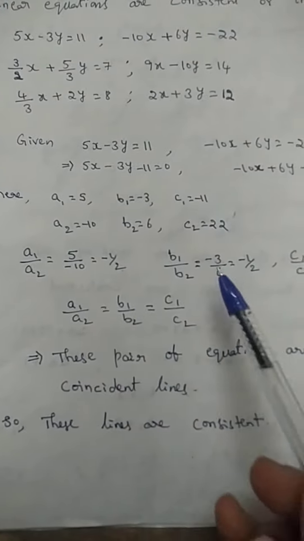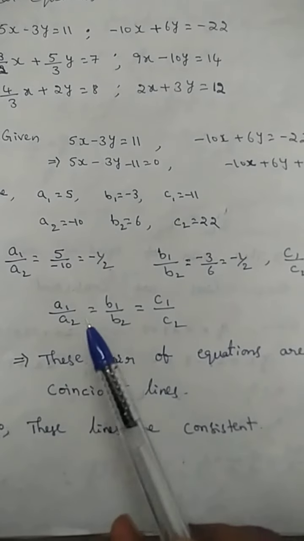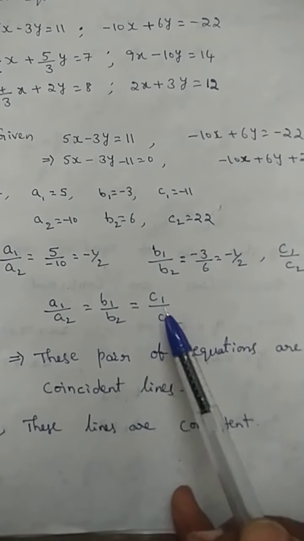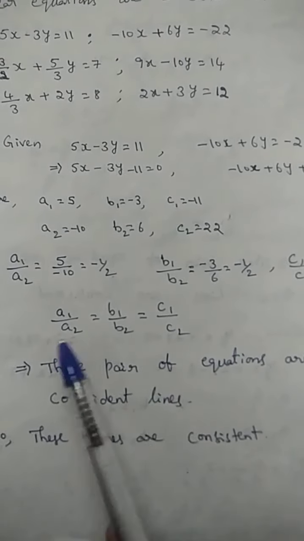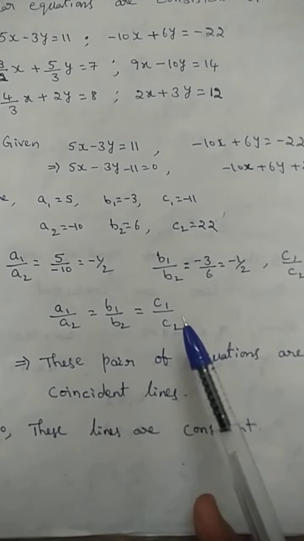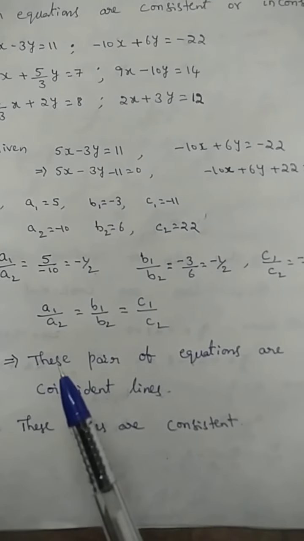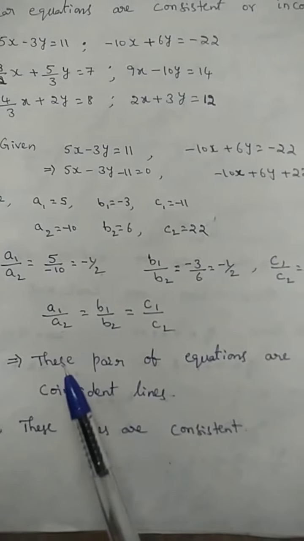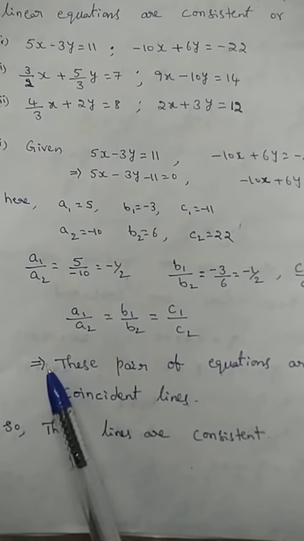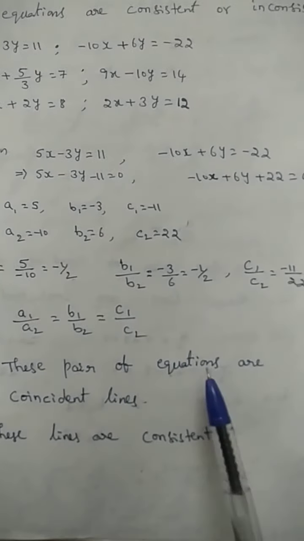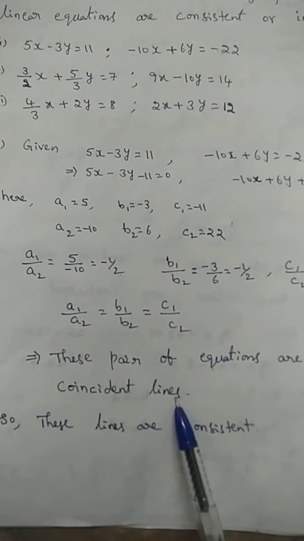All those ratios are equal: a1 by a2 is equal to b1 by b2 is equal to c1 by c2. We already know the condition: if all the ratios are equal, then the lines are coincident. Based on that, this pair of equations represents coincident lines.